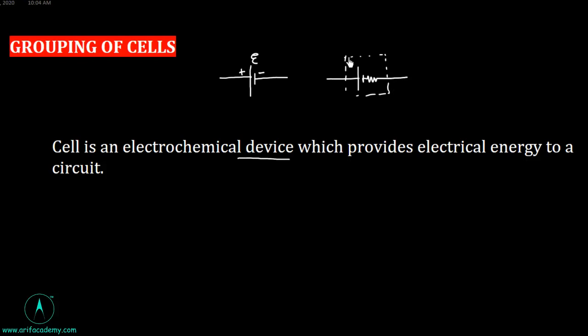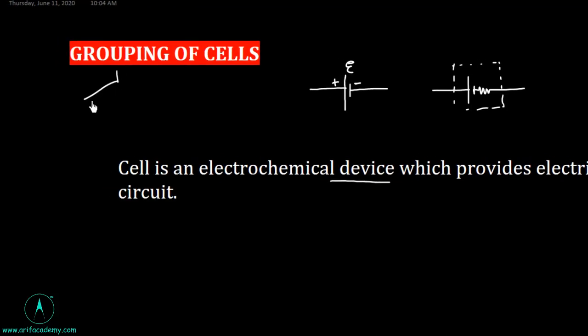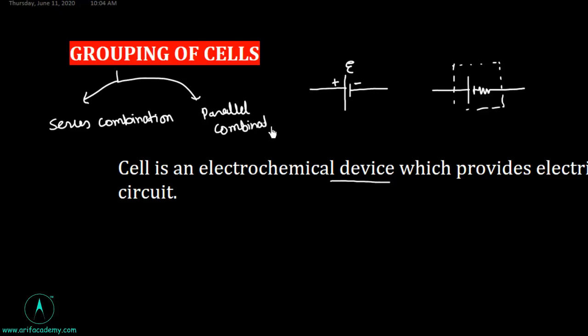In many cases we need more power and higher EMF, so we join cells in a group. Grouping of cells is done in two ways. First is called series combination, and second is called parallel combination.